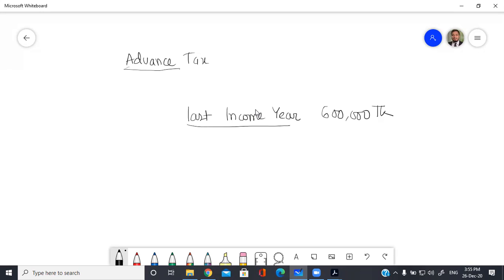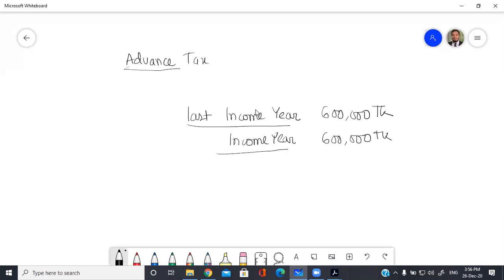Okay. If in the last income year, of which you already have paid taxes, you had greater than 600,000 taka total taxable income, or in the current income year, if it has been provisionally assessed that your income exceeds or is going to exceed 600,000 taka, that is a provisional estimation.